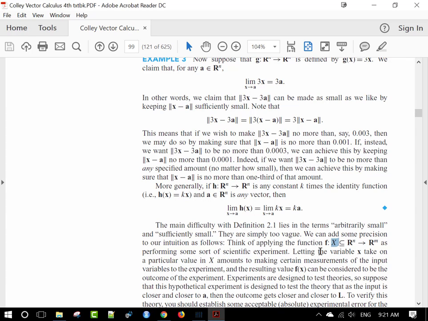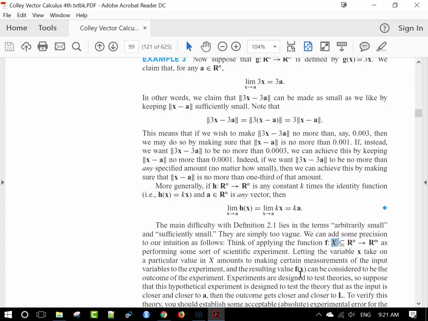Letting the variable x take on a particular value in X amounts to making certain measurements of the input variables to the experiment, and the resulting f of x can be considered to be the outcome of the experiment.